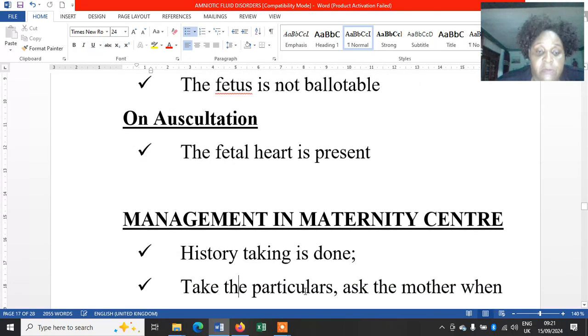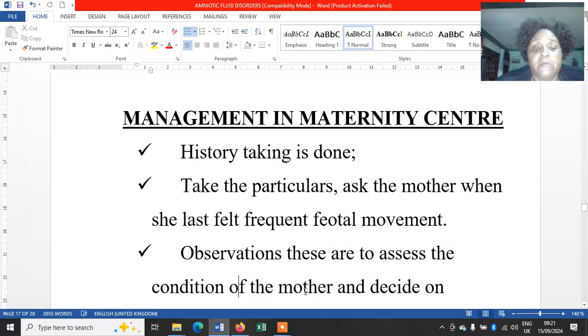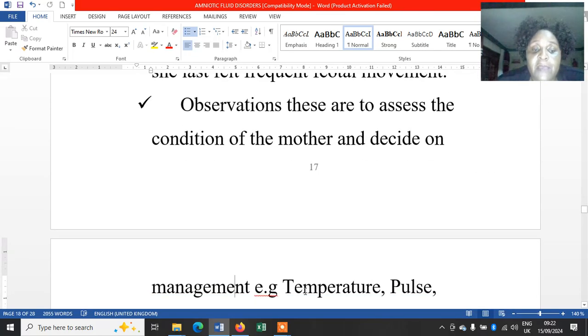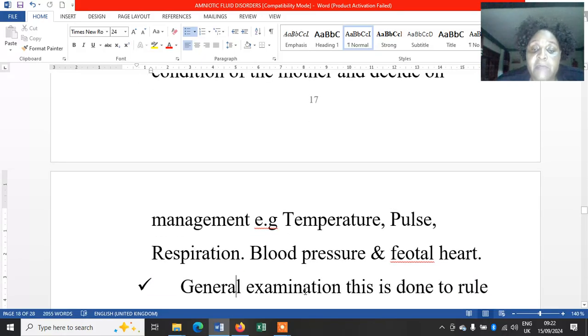Good. So what do we do? Management. History taking is done. You take the particulars, and you ask the mother when she last felt frequent fetal movement. This mother will tell you. So on observation, you assess the condition of the mother and decide on the management by taking the blood pressure, pulse, respiration, etc., plus the fetal heart.